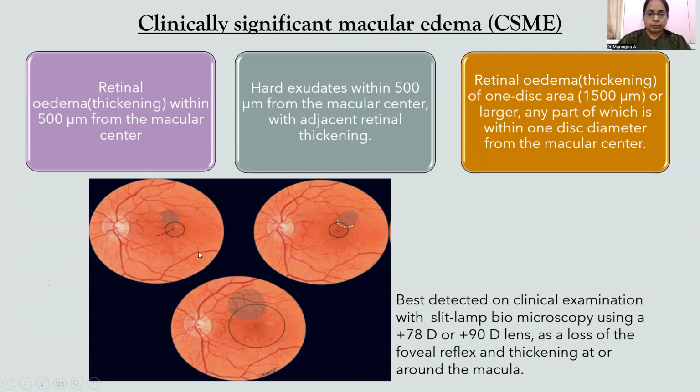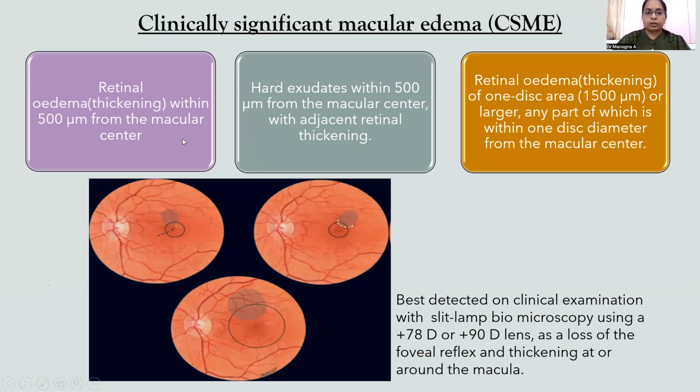The image below, I'm highlighting there. So any retinal thickening within 500 microns from the macula center, or any hard exudates, the yellow ones here in the image, within 500 microns from the macular center with retinal thickening, or any retinal thickening of one disc area or larger, a part of which is within one disc diameter from the macular center.